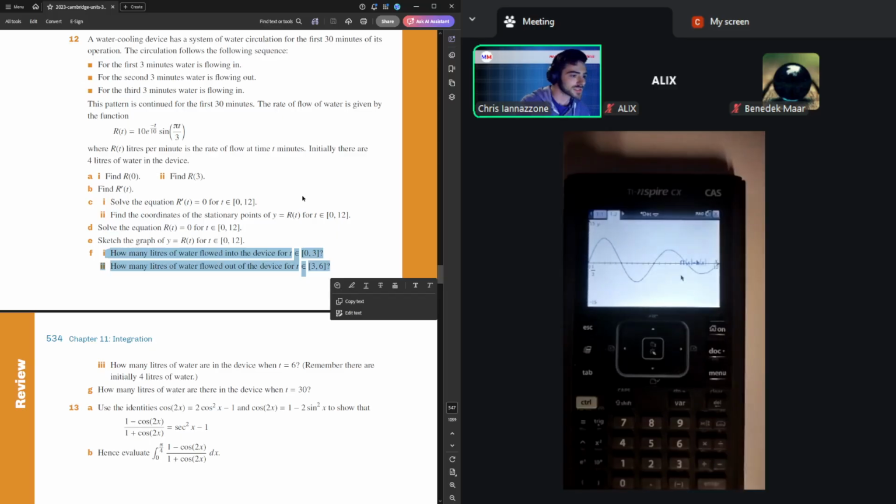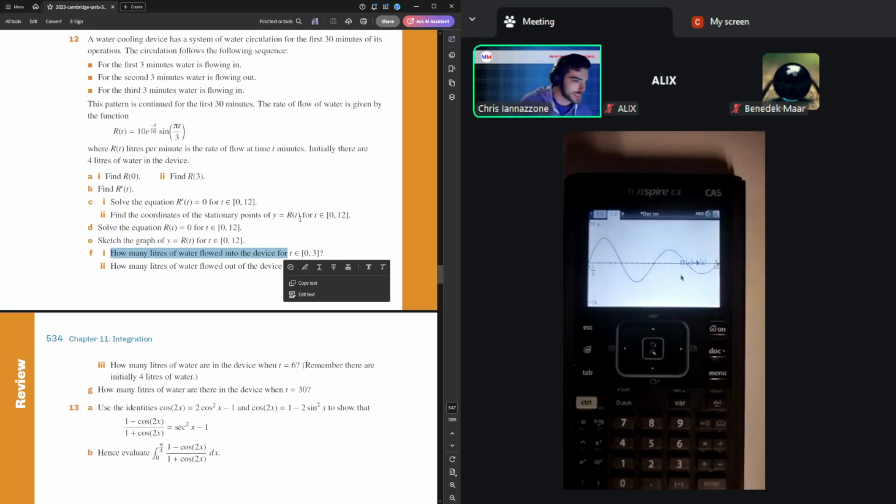So I'll get you guys to have a think about this. Remember R of t is a rate equation. Part F i: How many litres of water flowed into the device from t equals 0 to t equals 3? I won't speed through this one. I'll let you guys have a think about how we might approach it.